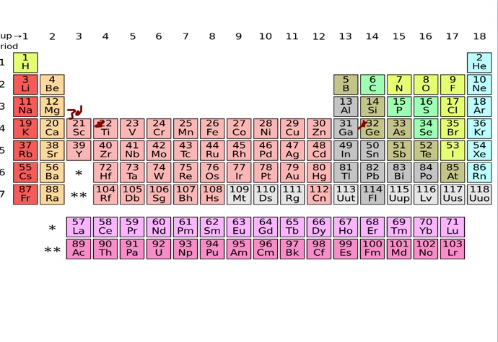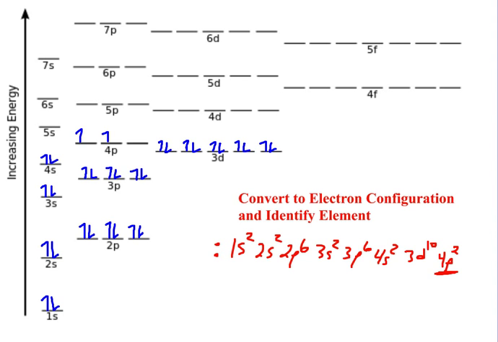So let's find 4p2. So this is my P group. This is P2, P3, P4. So 4p2 lands us right on germanium again. So the element is germanium, and you'll also see that the atomic number is 32, which is what we calculated.